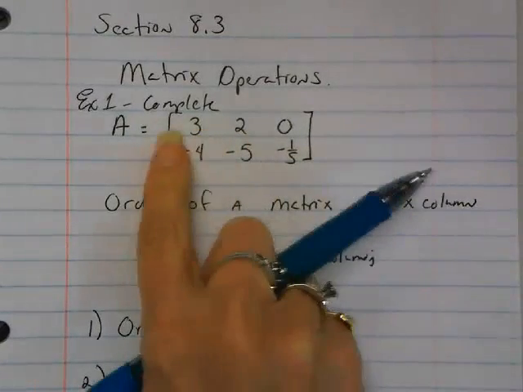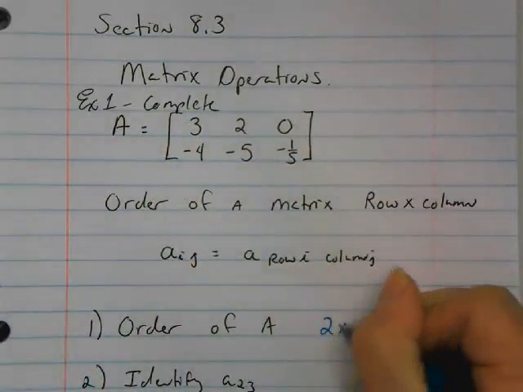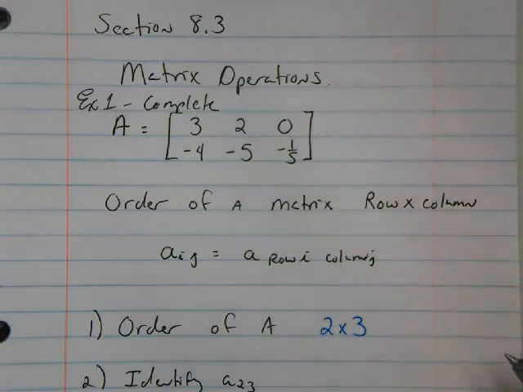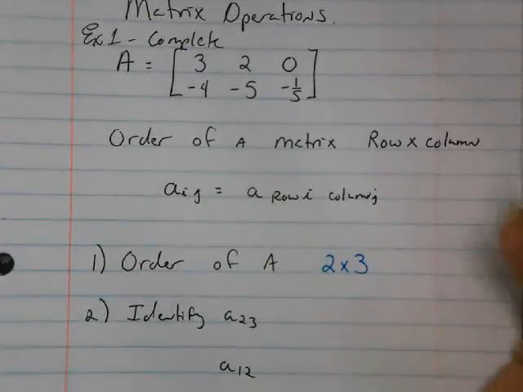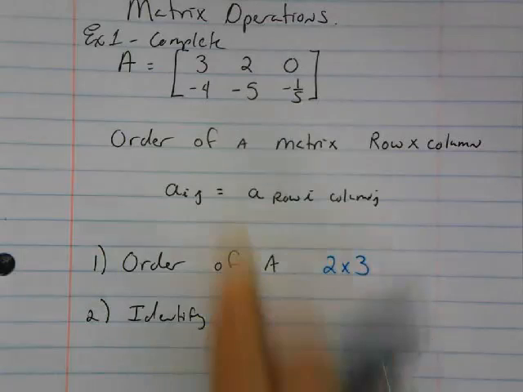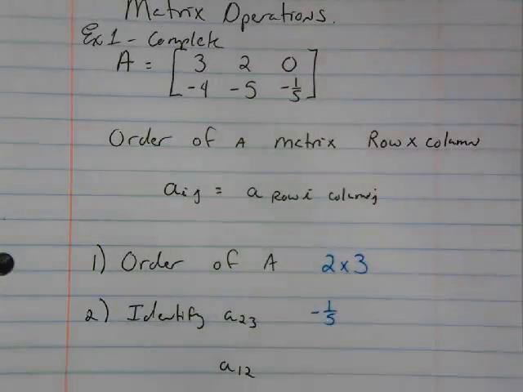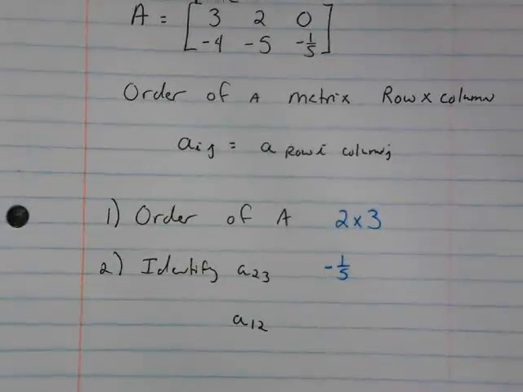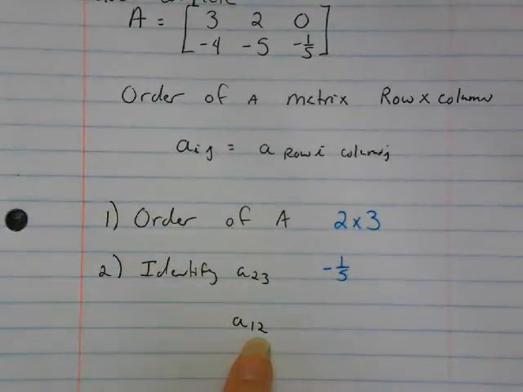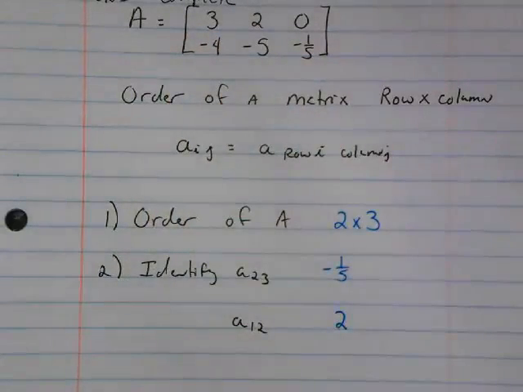I have 2 rows, 3 columns, so it's a 2 by 3 matrix. If I ask you to identify A23, I want row 2, number 3, it would be element -1/5. Likewise, A12, row 1, column 2, would be 2. Hopefully that makes sense.